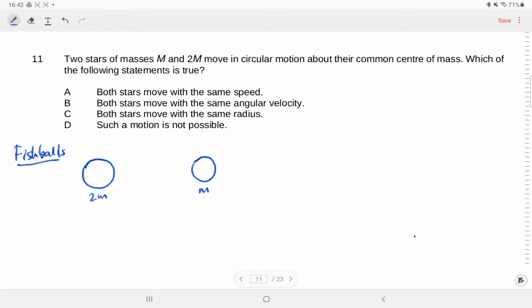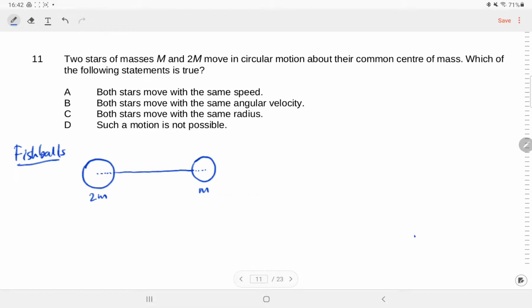To figure out how to get this right, let's start off with an easy idea. Suppose I have two fish balls, of mass 2m and m, and I poke a satay stick of negligible mass into them, so this is connected now.